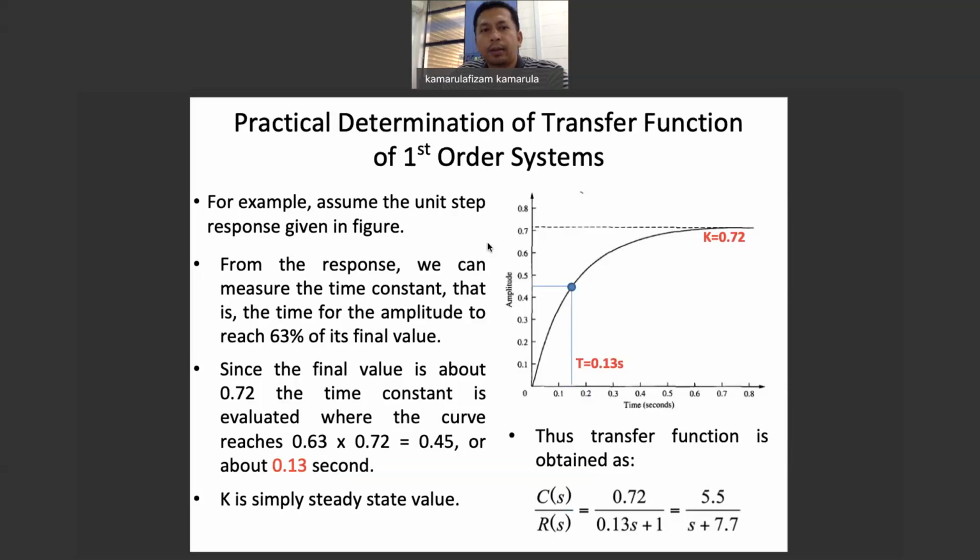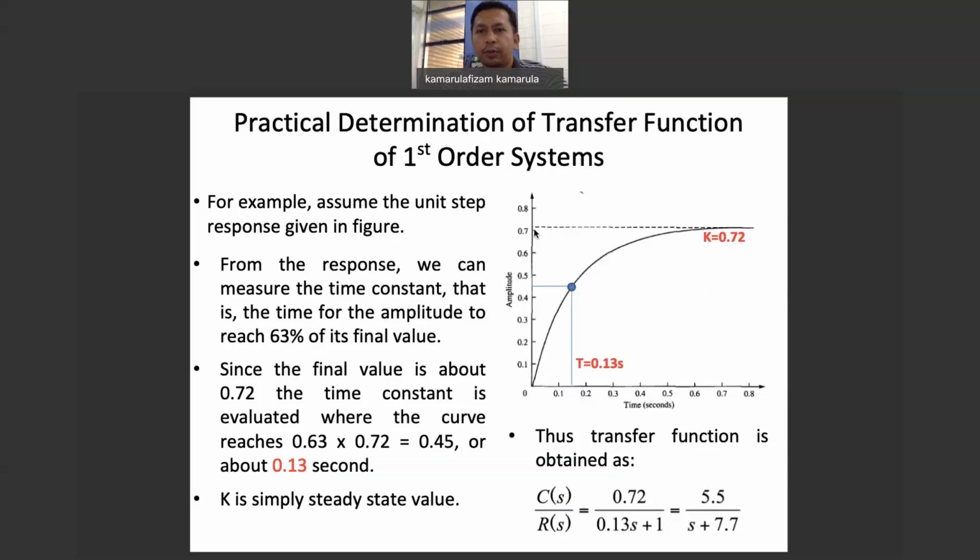In this case, you have the graph here, which reaches 0.72 K, I would say, at steady state. From this graph, you can measure the time constant. It is the time to reach 63% of the final value.